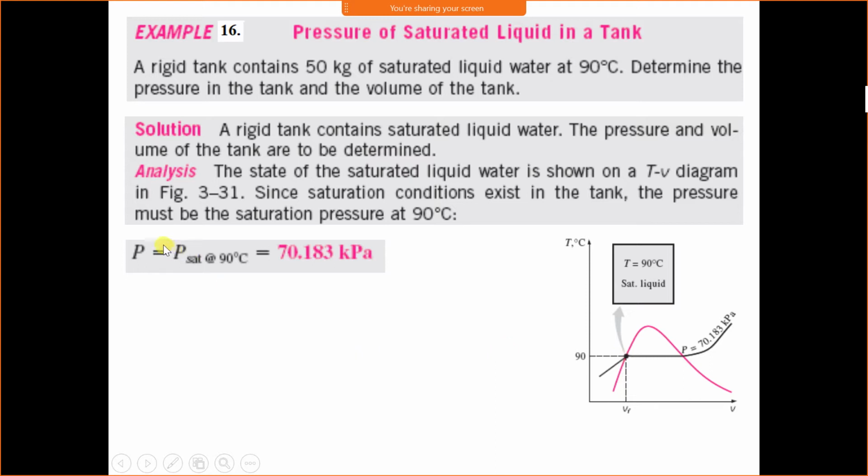Therefore, from steam table, pressure at 90 degrees Celsius, we have to go to table number 1, in which at temperature 90 degrees we have to check the pressure. At temperature 90 degrees we will check the corresponding saturation pressure.